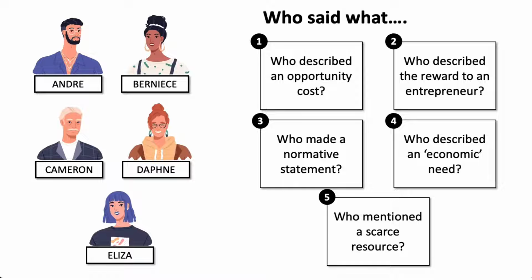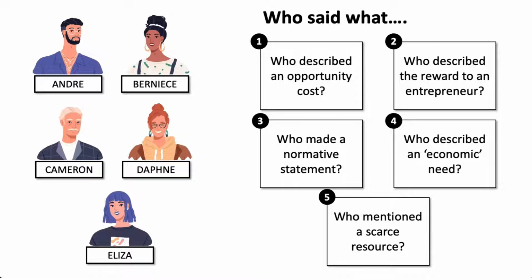Let's do Cameron next. So Cameron was the one in the middle of the stream, I think, if that helps you. Cameron, in the middle row on the left. What was Cameron talking about? And is that 1, 2, 3, 4 or 5? So again, an absolute mix.